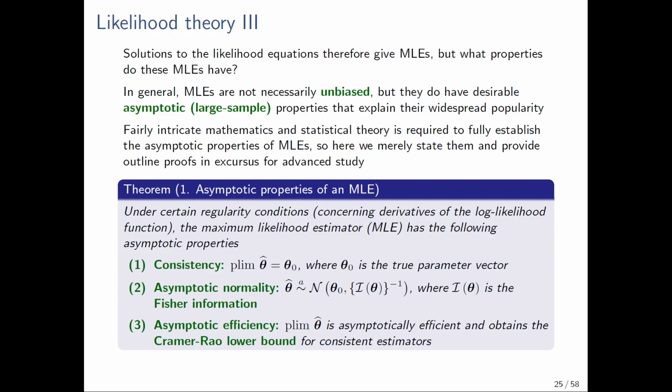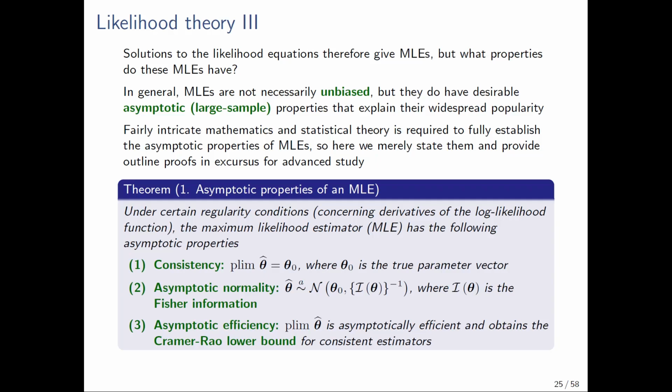But I do want you to know this theorem, which is shown here, the asymptotic properties of an MLE. And this says that under certain regularity conditions that concern derivatives of the log likelihood, the MLE has essentially three asymptotic properties. First, it has consistency. So the probability limit of theta hat is the true parameter vector.